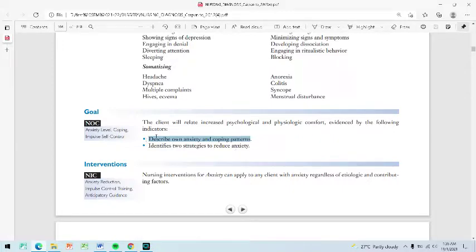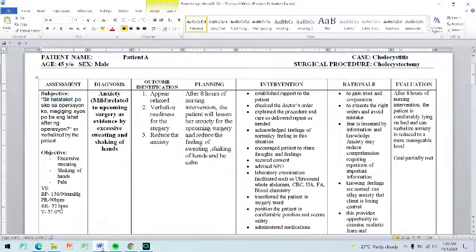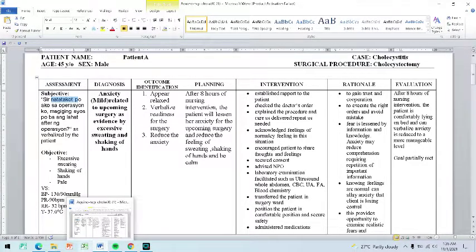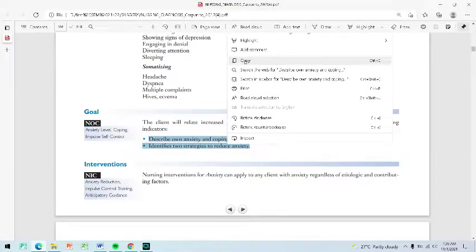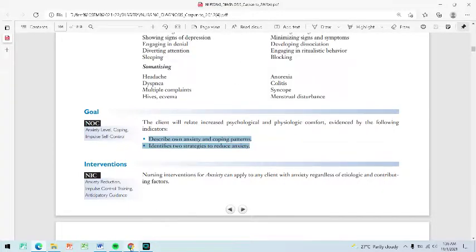So let's check the work of the student. Outcome identification: appear relaxed. Verbalize readiness for the surgery and reduce anxiety. So the student should write these two descriptions, and we will check if this will fit with the situation of the client.